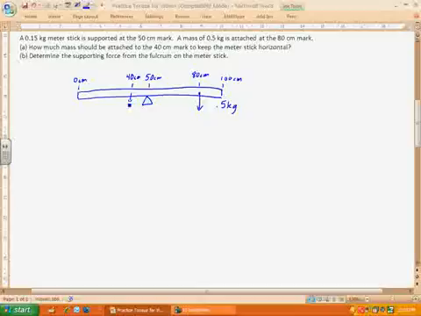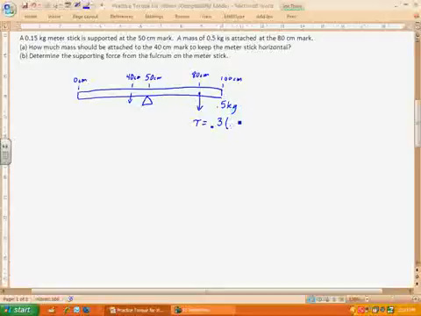Okay, so we're going to look at two things. We're going to balance both. Let's go with the torques. Okay, so we're going to add together all the torques. So the torque here is going to be equal to the distance from the point of rotation, which is going to be 30 centimeters, 0.3, times the force, which is 0.5 kilograms times 9.81, right?